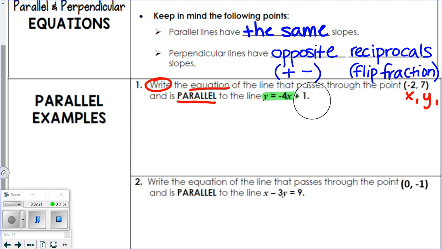Okay, so the slope of this line is -4. So I highlighted my slope, which is -4. And I want to write an equation of a line parallel to that, which means it has the same exact slope. So my new slope of my new line is also going to be -4.